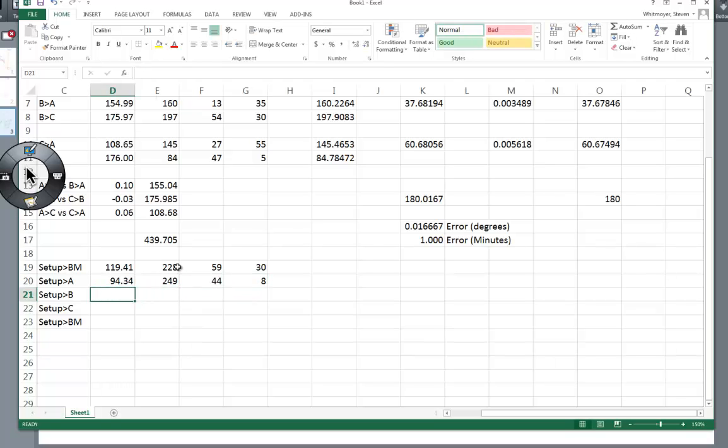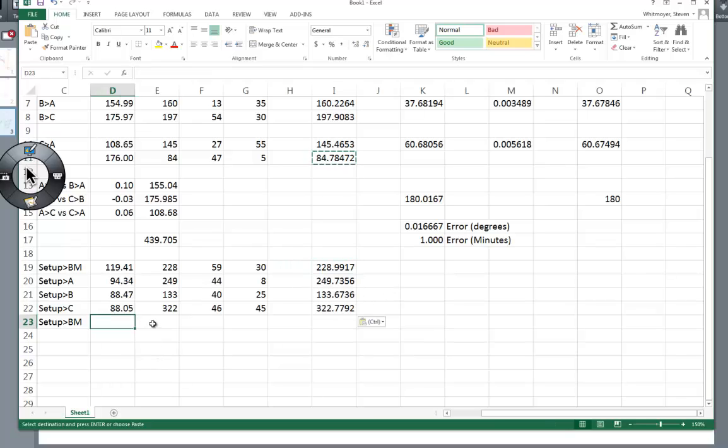I have a setup B of 88.47 of 133, 40, 25. Setup C is 88.05, 322, 46, 45.